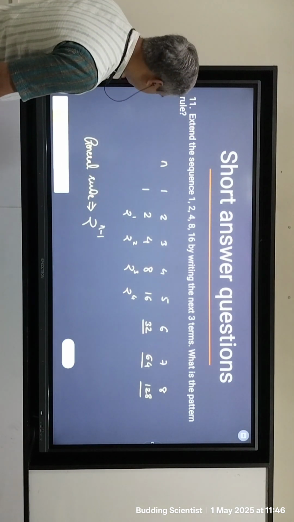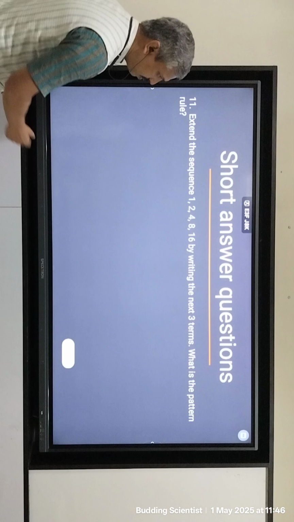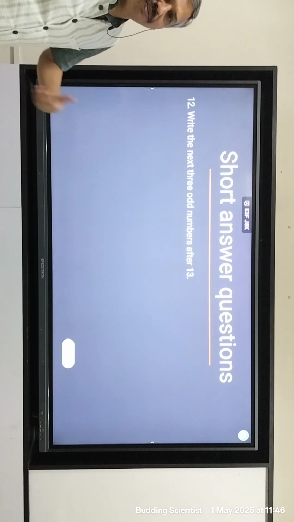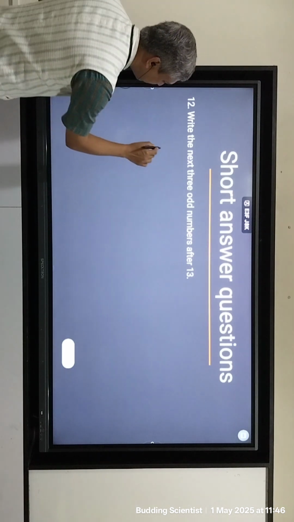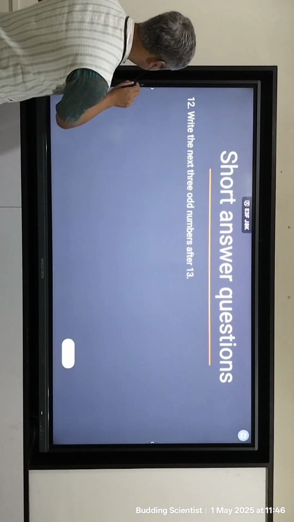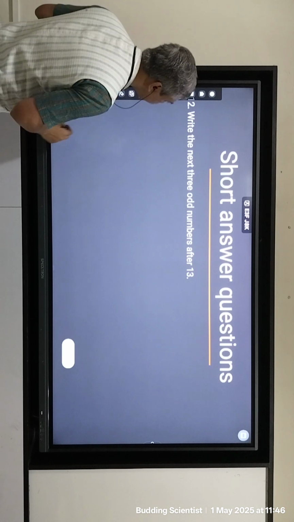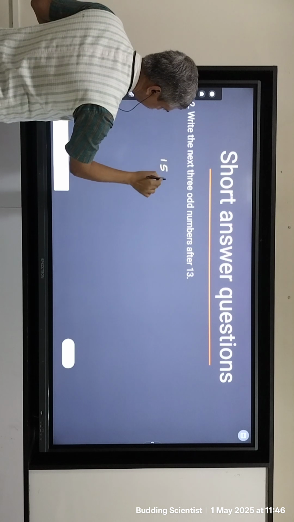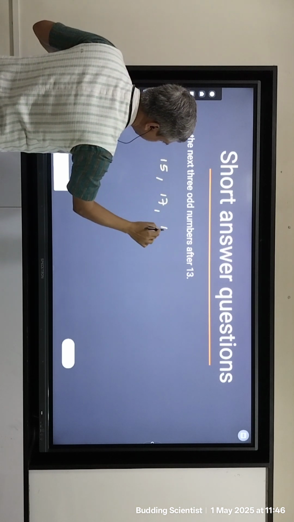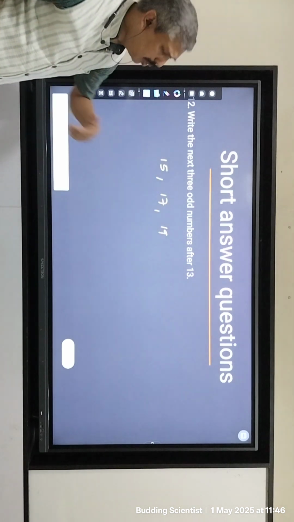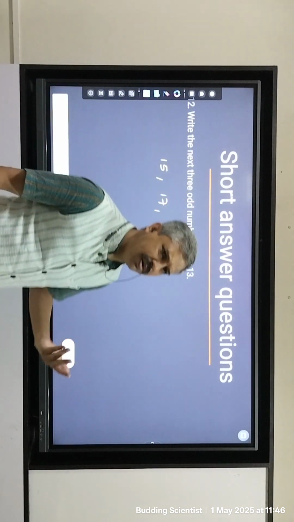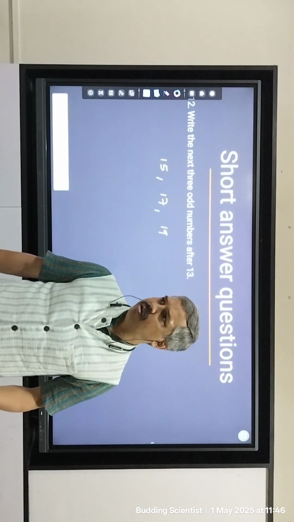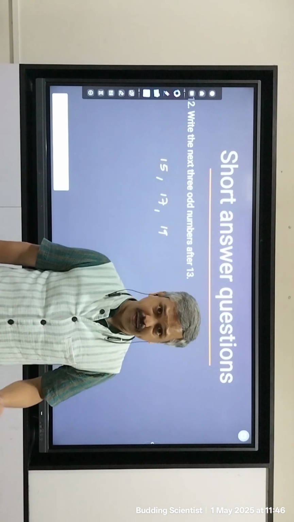I hope you understand this. Let's start with the next problem. Write the next 3 odd numbers after 13. It's very simple. 15, 17, 19. But the question can also be: write the 4th odd number after 28.